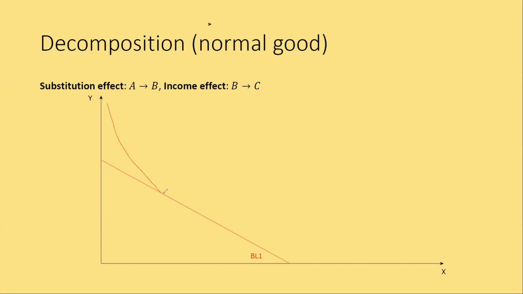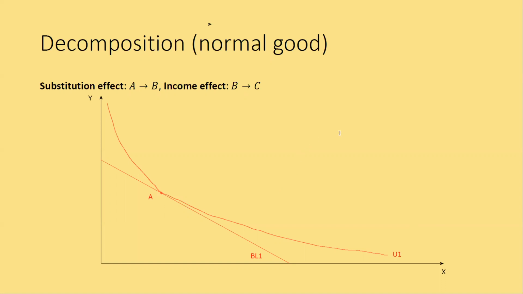This is a graph that is not easy to draw even on a whiteboard. All right, this one is slightly better. So this point is our point A, the initial optimal bundle. This is our initial budget line, and let's say the utility level that point A has is U1.